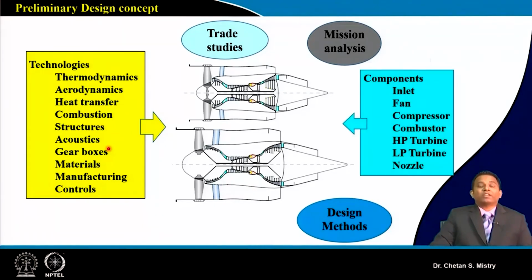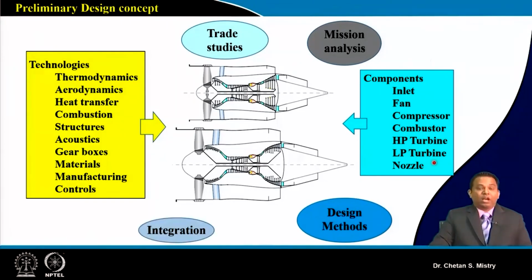After doing all this, we are looking for integration of different components. So the engine comprises different components: inlet, fan, compressor, combustion, HP turbine, LP turbine, and nozzle. All this together needs to be integrated.